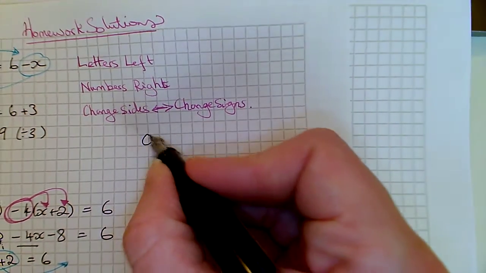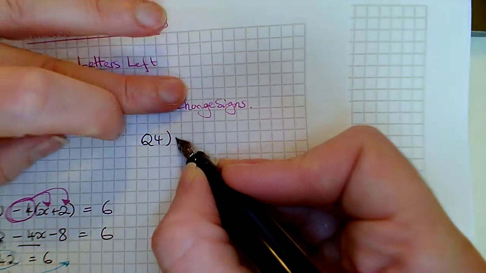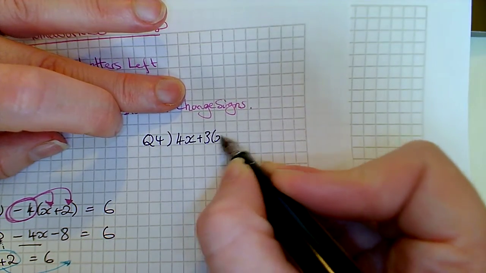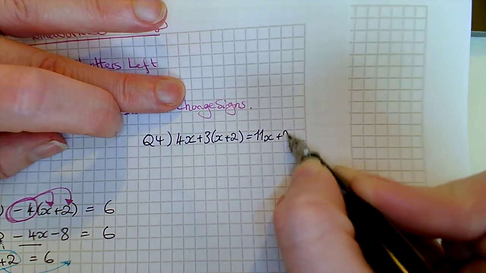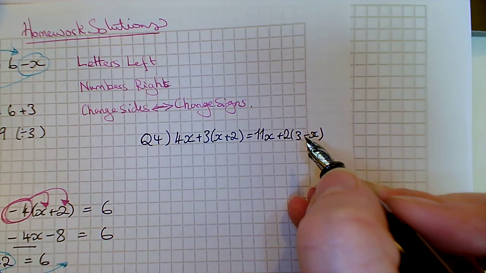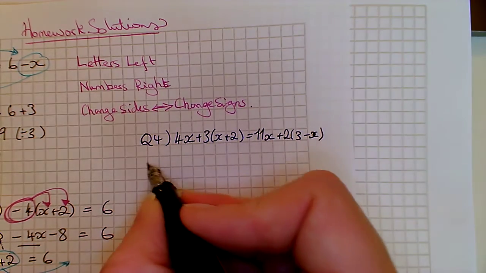Let's move right on to question 4. We've got 4x plus 3 bracket x plus 2 equals 11x plus 2 bracket 3 minus x. So I'm going to start to go a little bit quicker with them now.